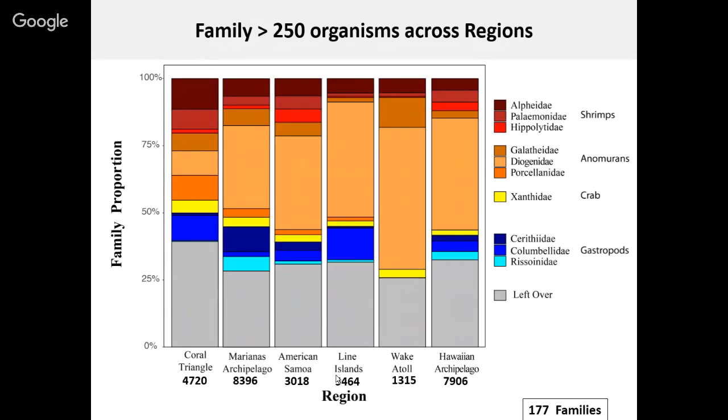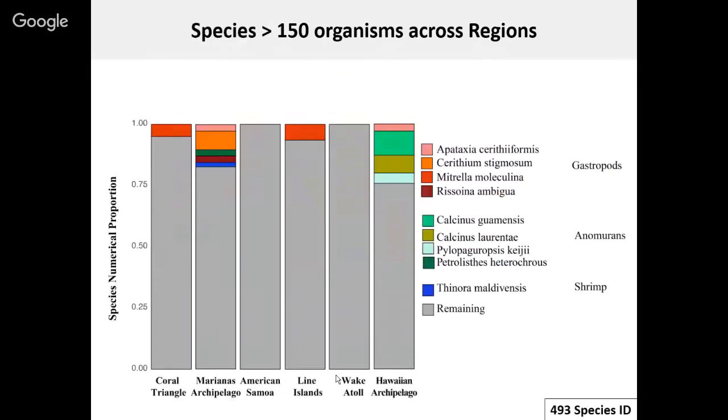So we can even just break it down a little bit more. And what I'm going to show you next is just species, but these are species that have greater than 150 count within each region. And when you break it down to species, now American Samoa and Wake do not have high counts of any particular species.